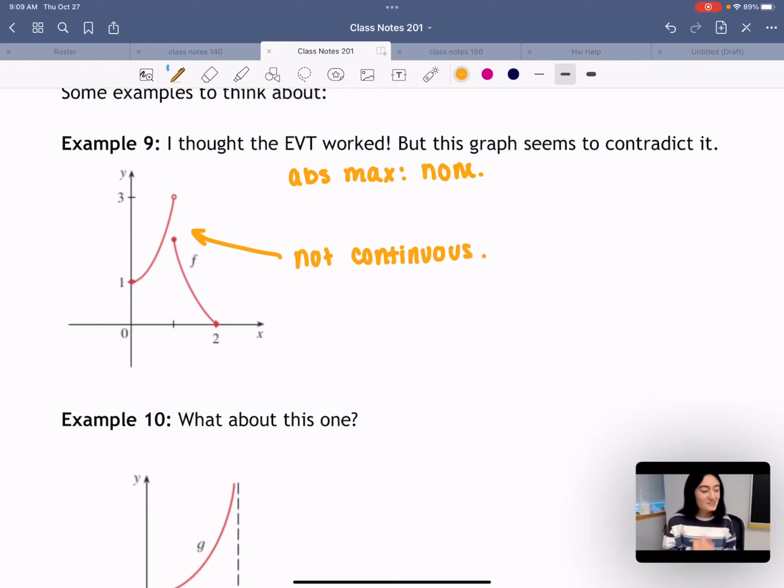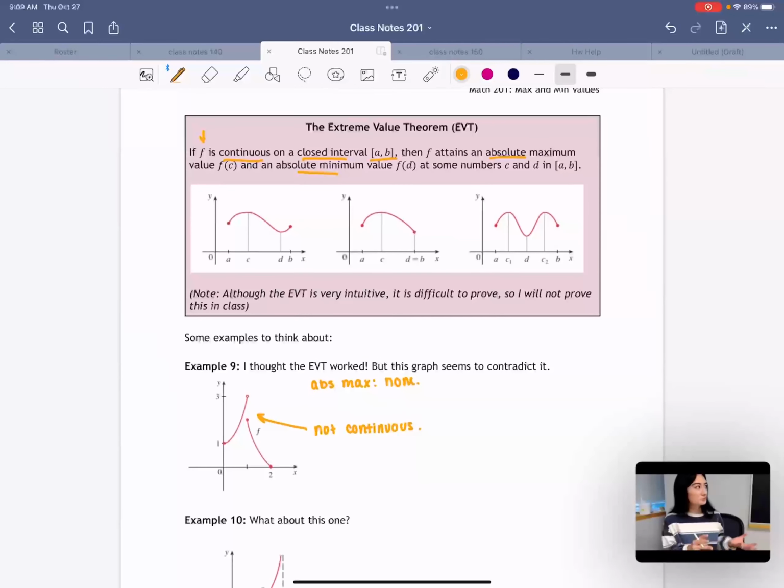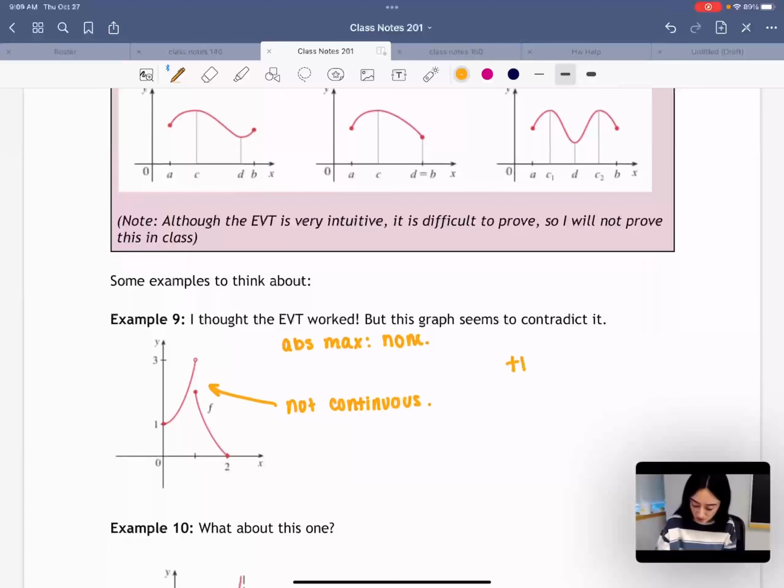Because this is not continuous, we can't say the extreme value theorem applies, since it doesn't satisfy the two things it requires. So that's why it doesn't seem to work here: it's not supposed to work.